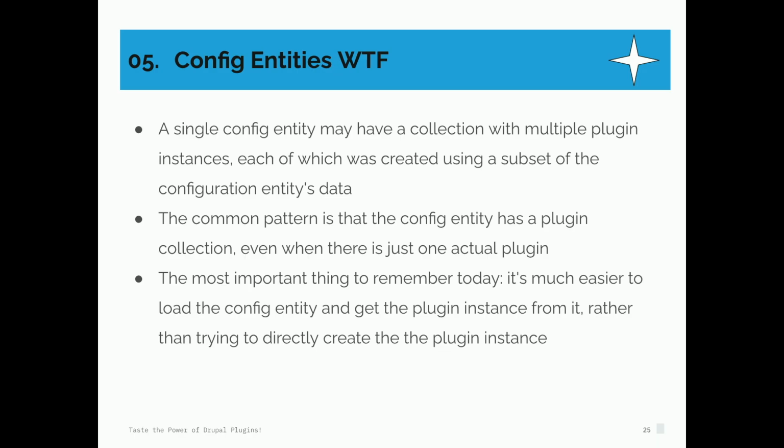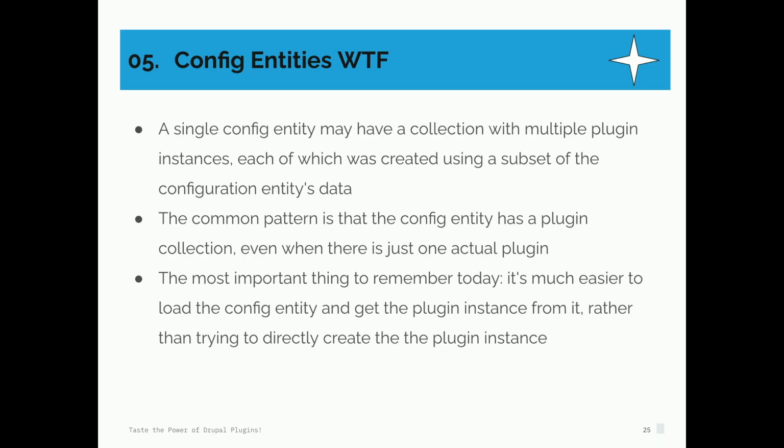If you're looking through the definitions of different config entities, you'll see that this notion of a plugin collection is used consistently, even for ones that only have one plugin, just so that the methods and interfaces stay the same. So anyway, these config entities commonly have a plugin collection, even if in some places it's just a collection of one.